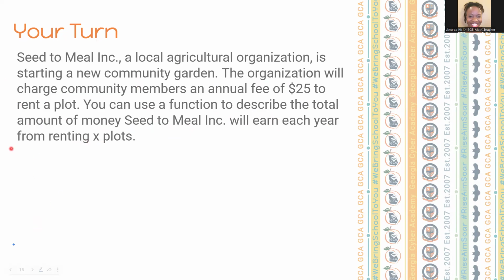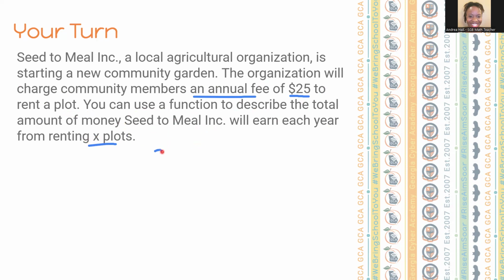And welcome back. Let's go ahead and get it. All right. And so it charges an annual fee of $25 to rent a plot. You can use a function to describe the total amount of money Seed to Meal will earn each year from renting x plots. Okay?